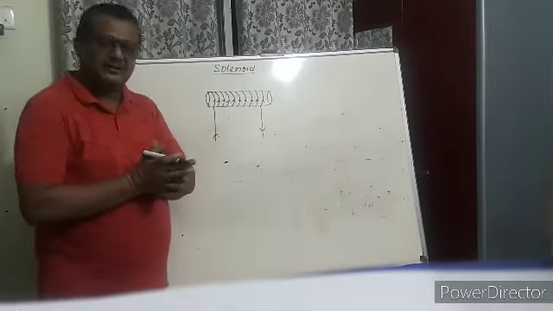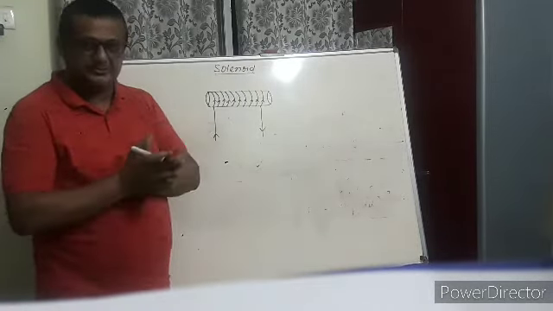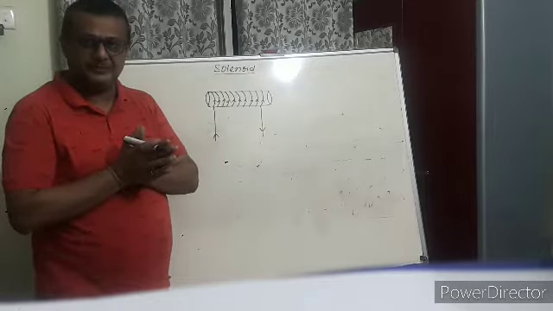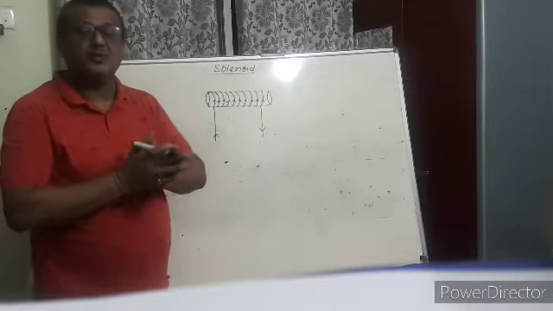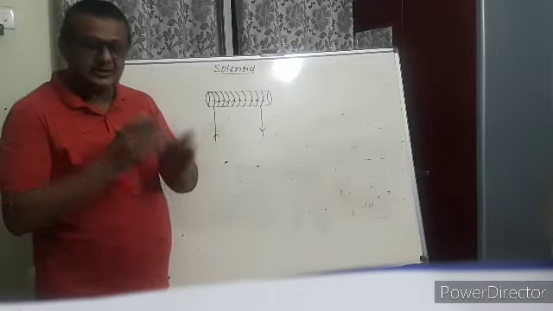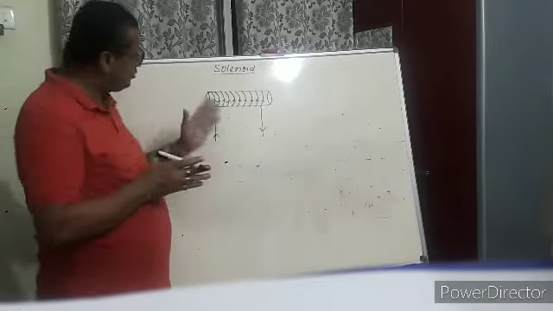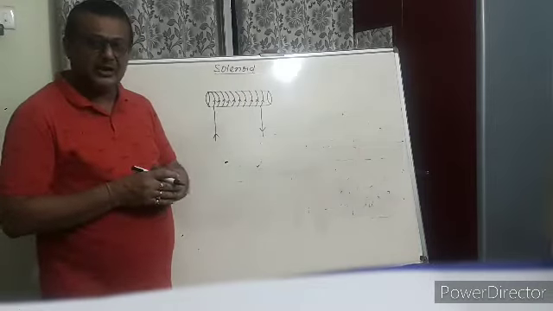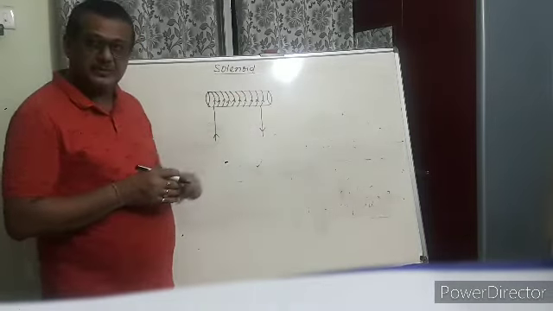These wires are kept side by side, very closely packed, in the form of a helix. You know what a helix is. In the form of a helix, these wires are kept on a core.